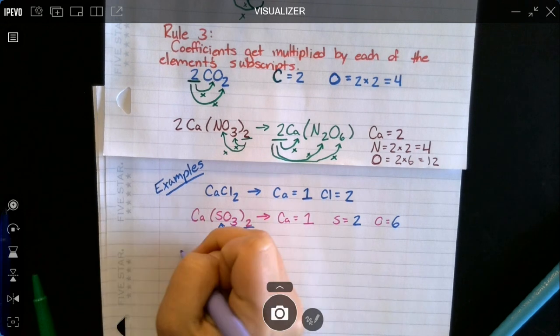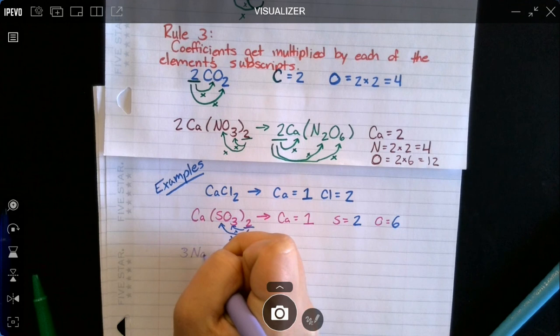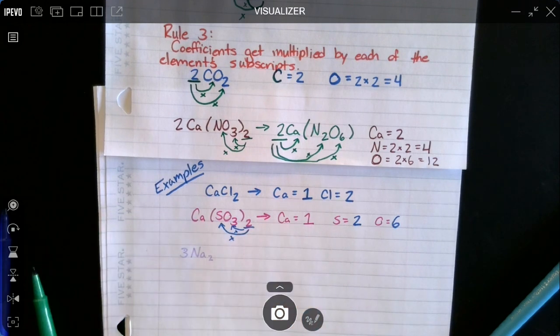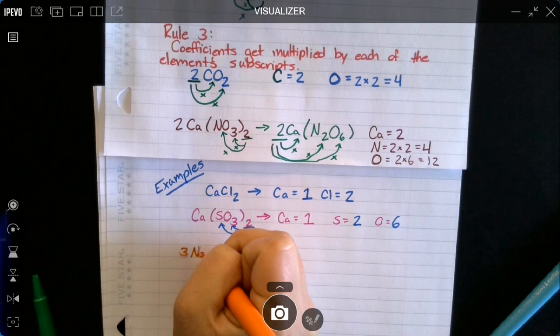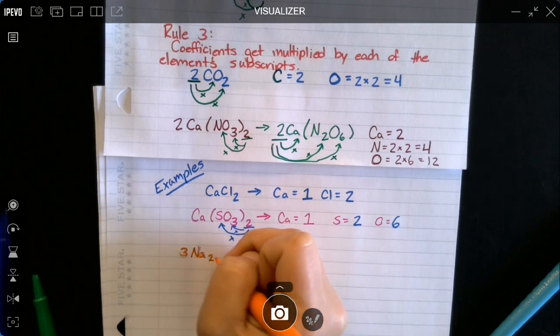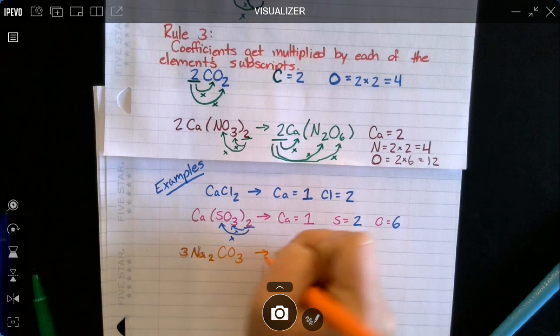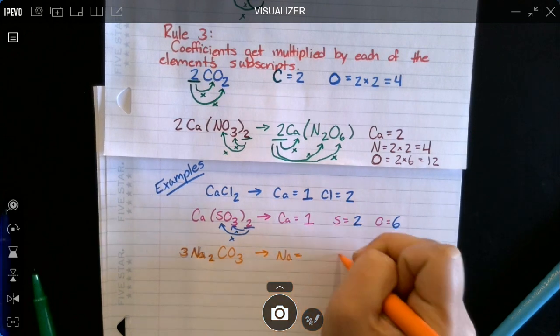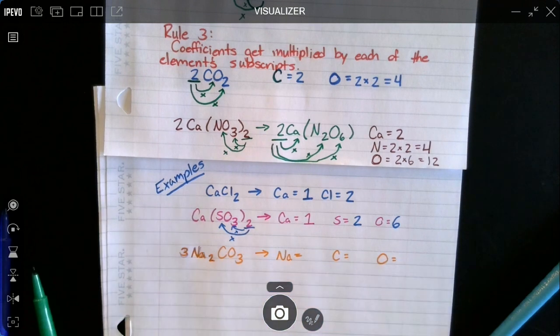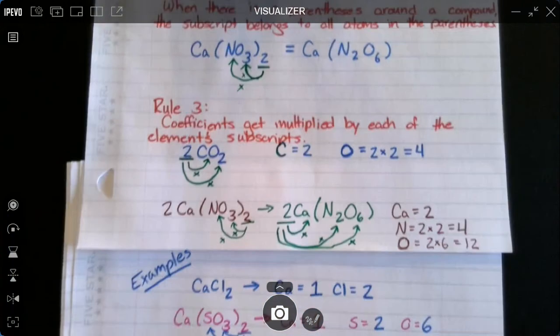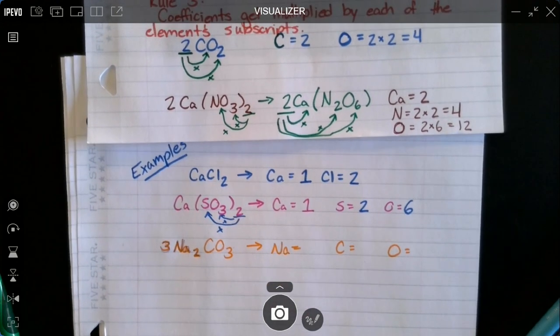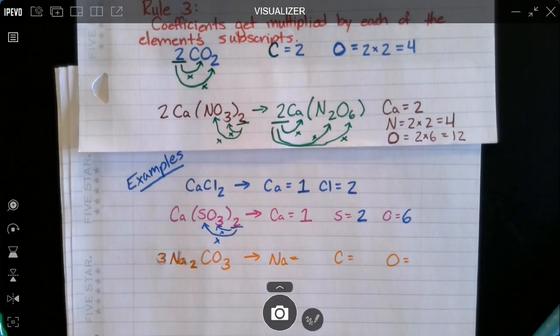Next one. 3 and a 2. Oh, that's hard to see probably. 3 and a 2. Na2CO3 with a 3. How many Na's? How many C's? And how many O's? Okay, remember, distribute that coefficient, that big number, and multiply it by all the little numbers.